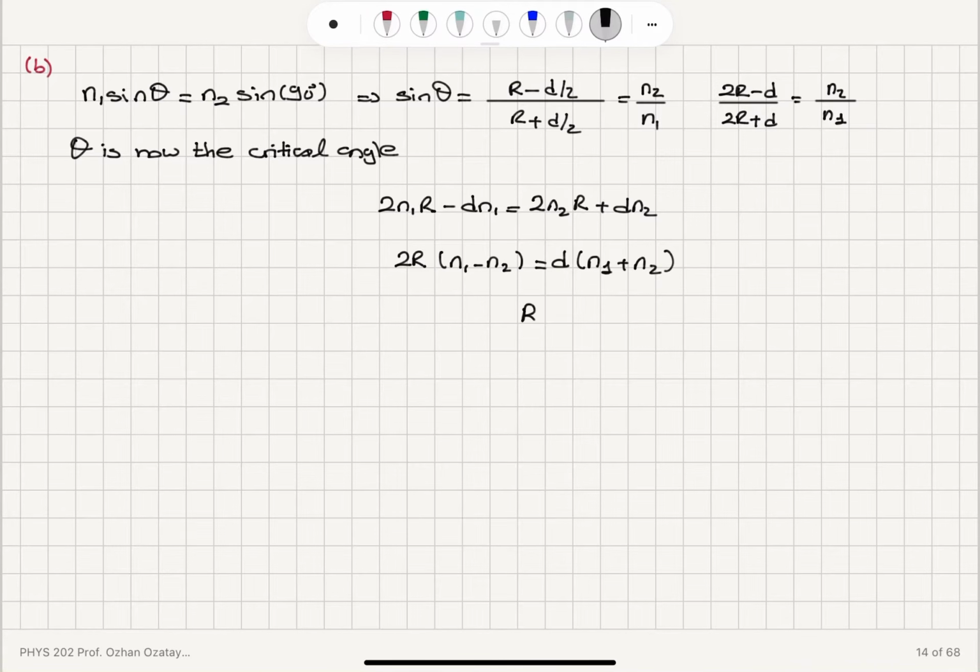So this gives the critical radius of curvature, capital R, to be d over 2 times n1 plus n2 divided by n1 minus n2.